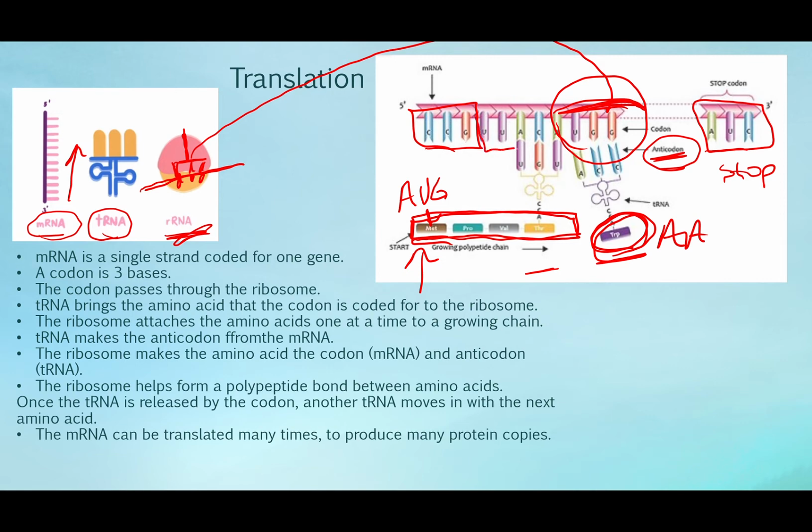Every 3 bases are going to be read and coded, and the anticodon is going to tell what amino acid to pick up. Once it gets to this point of making the amino acids, it's going to stop, because that's what the mRNA told it to do.